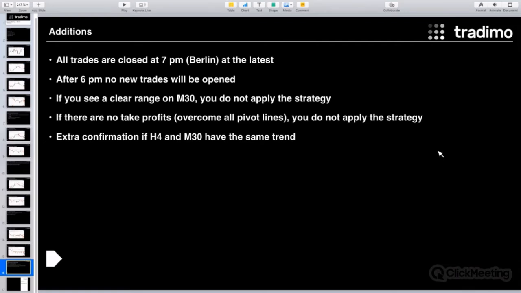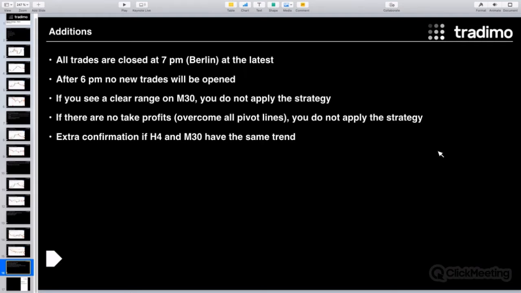We don't want to have an open trade after 7 p.m. because then the market goes more illiquid and the spreads between bid and ask are widening, and this is not the best environment for us. In general, we never open a trade after 6 p.m. Berlin time. If it is 6 p.m. and you haven't made a trade, then you can call it a day. You cannot make a new trade after 6 p.m. Berlin time again.